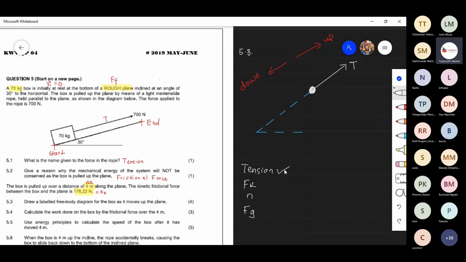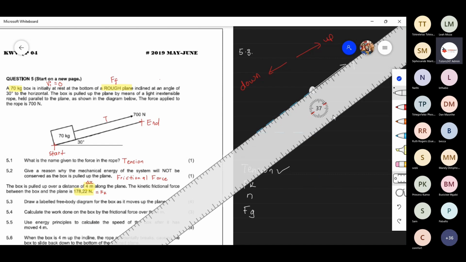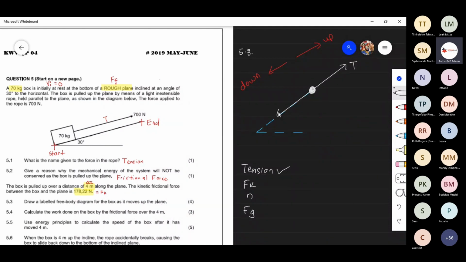Because our object is moving up the incline, frictional force will act in the opposite direction, which is down the incline. So down your incline, you can just draw an arrow, and that is going to represent Fk, which is your kinetic frictional force. So we have completed 2 thus far.